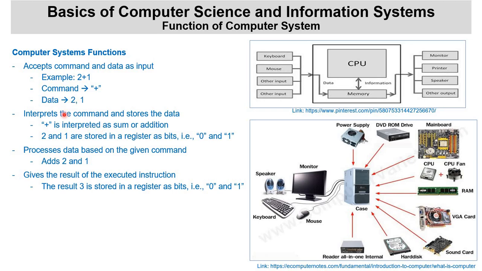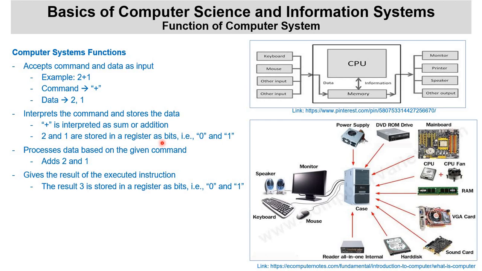The processor in the calculator interprets those commands and stores the data. The plus is interpreted as sum or addition, and 2 and 1 are stored in registers, or as bits.